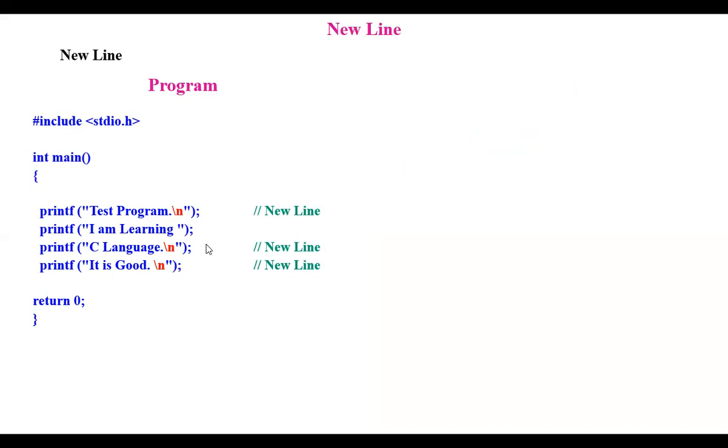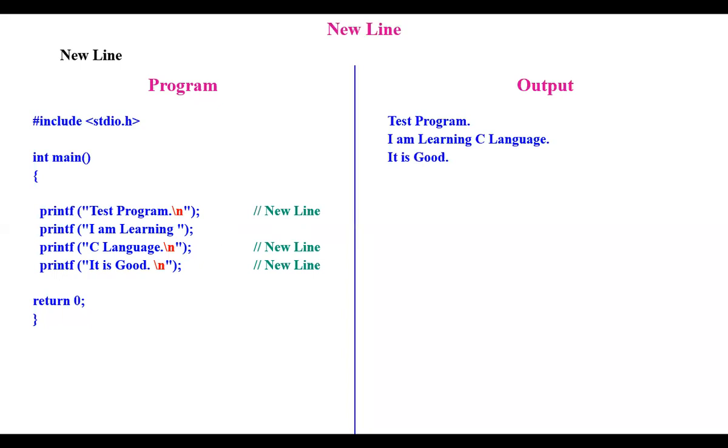Can you expect what will be the outcome? Because the new line is not here, this part should come here, in addition to "I am learning", and "C language" should come in one line. Why? Because we didn't say this has to come in a new line. If you see, that's what is happening.